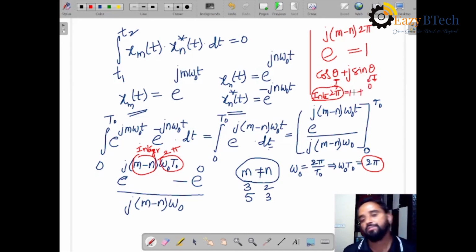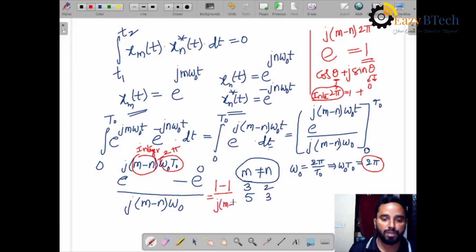So 1 plus 0 is 1. So this value becomes 1 minus e power 0. What is e power 0? 1. So 1 minus 1 by j m minus n omega naught. What is the answer? 1 minus 1 is 0, and 0 by something is 0.